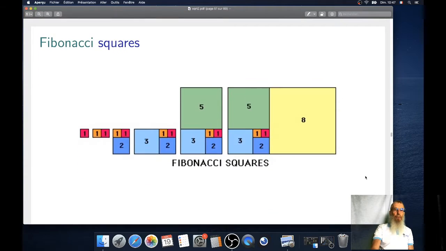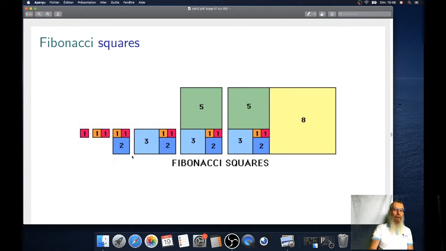I would like to put the Fibonacci sequence into a geometric perspective in the following way. You start with 1 square of size 1. Next to it, you put another square of side 1, and so you have a rectangle where the sides are 2 and 1. Along this rectangle, you put a square of side 2.